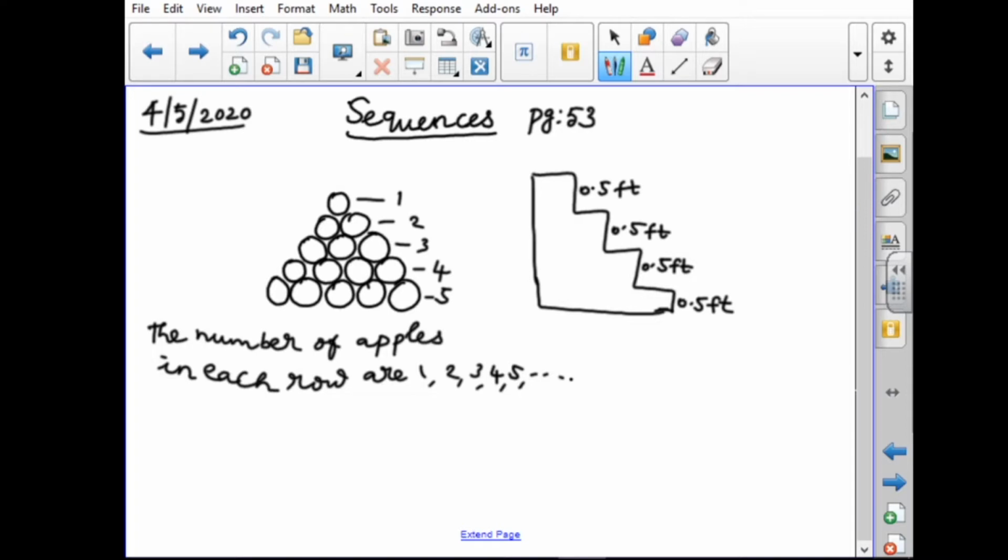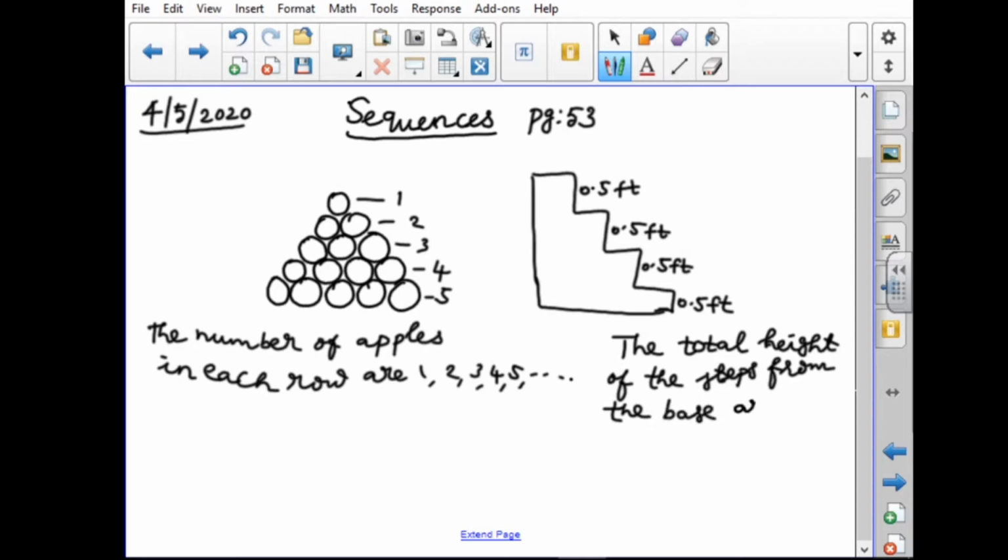So, the total height of the steps from the base: the first one 0.5 feet. The second one from the base, we have to add these two, so we are getting 1 feet. The third one 1.5 feet, the fourth one 2 feet, like this, etc.